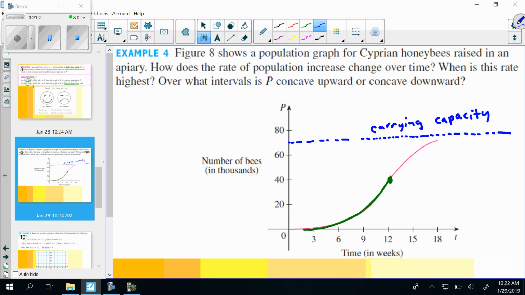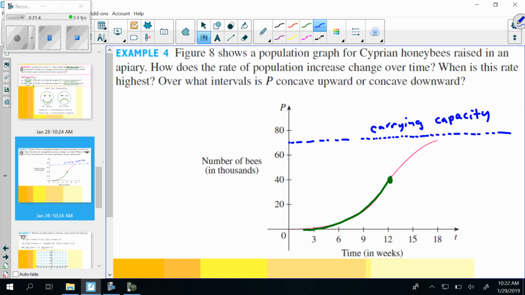There can't be an exponential amount of bees because the environment that the bees live in can't support that many infinite bees. And so there's some value that the bees can't really increase above because there's not enough resources for that many bees to live.